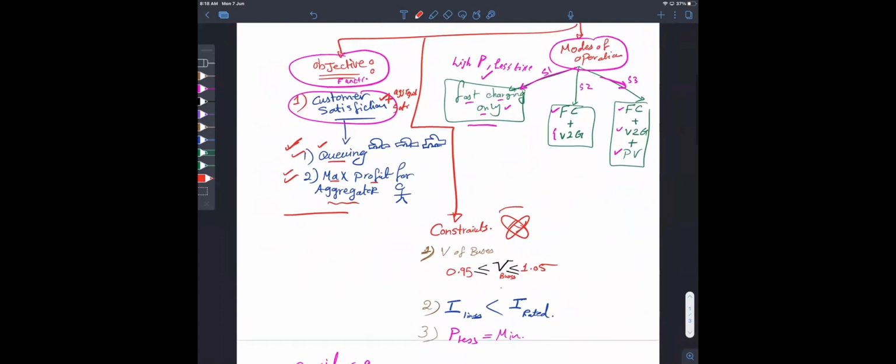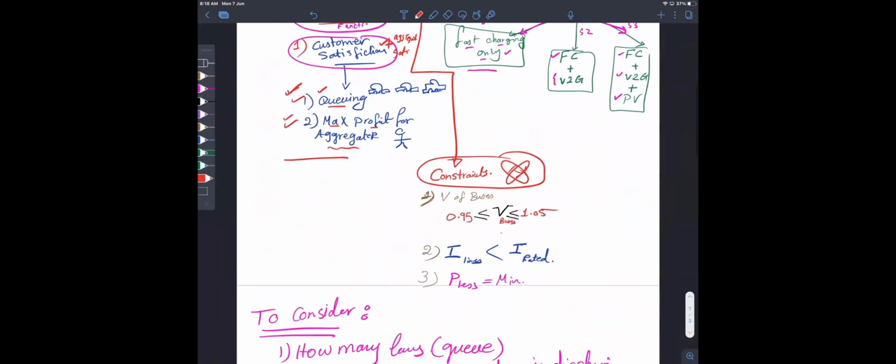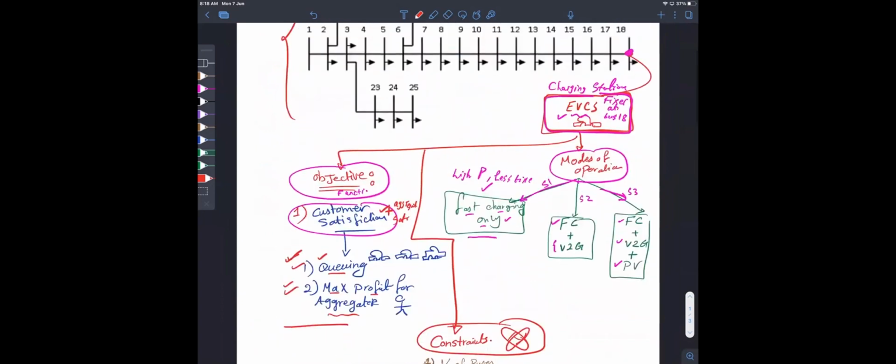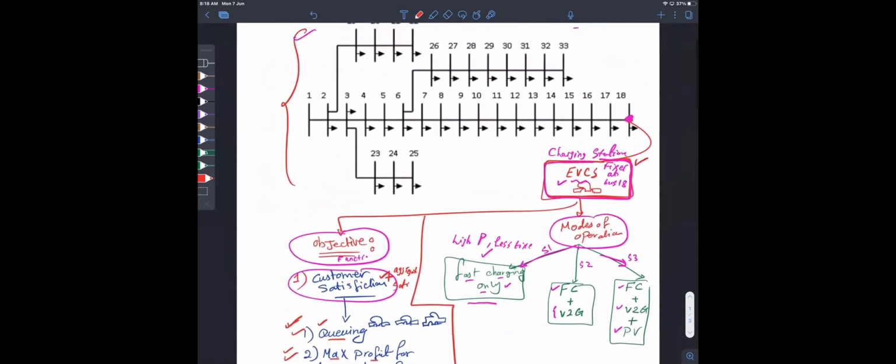The third thing is the constraints. This station is connected to a 33 bus system, right?